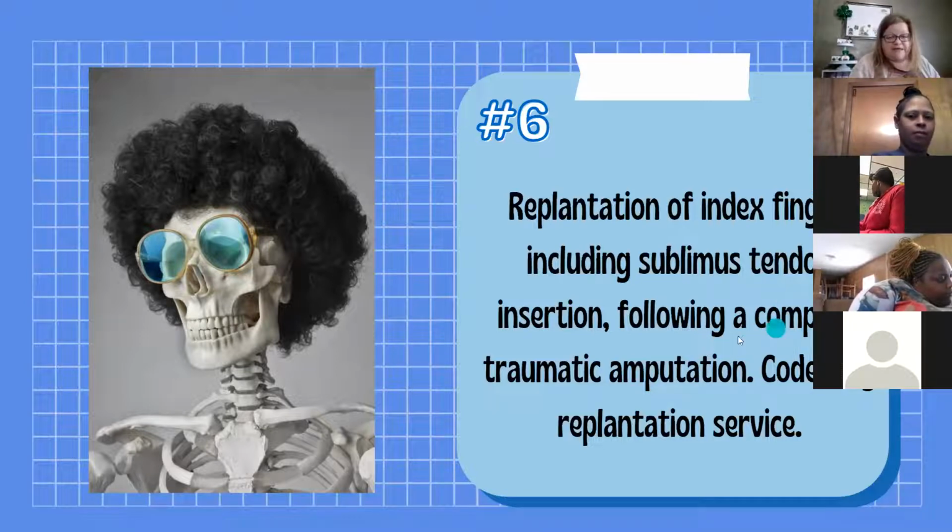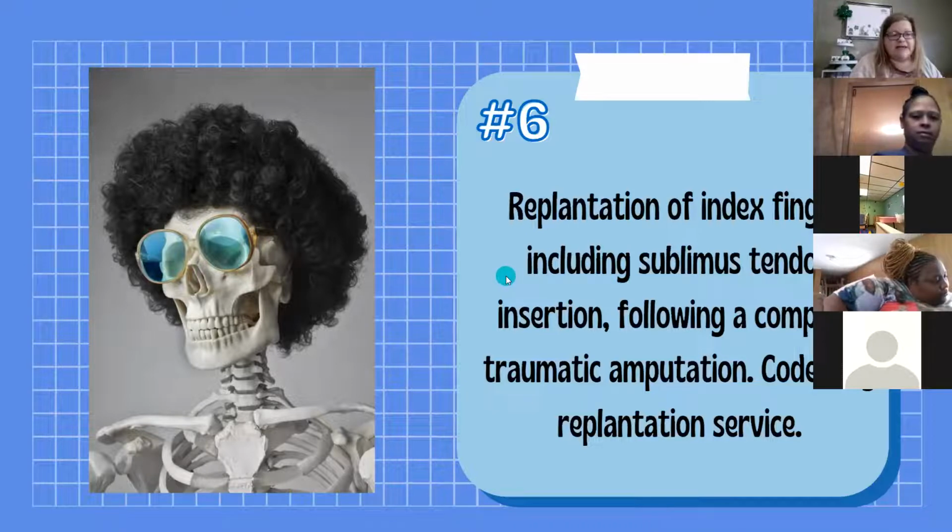All we're worried about is the replantation of the index finger, including sublimis tendon insertion. Because they gave us that information, that's going to play a part in differentiating which code we're going to be using.